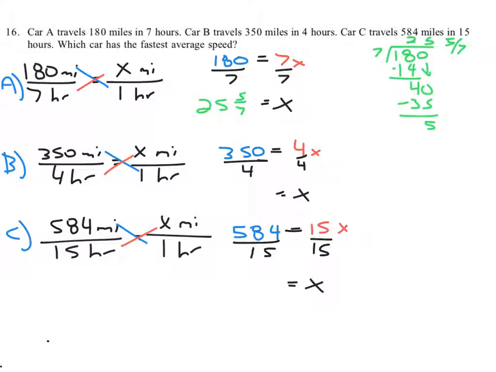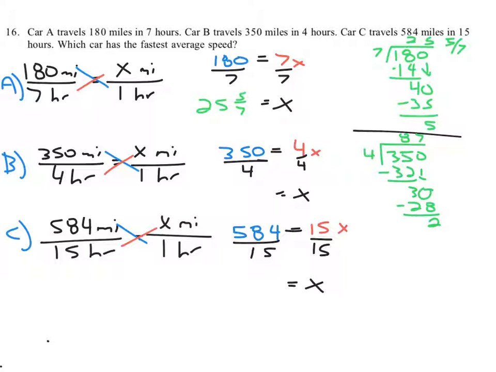we'll do the same thing here, where now we're going to do 350 divided by 4. Four goes into 35 8 times, 32. 4 goes into 30 7 times, 28.